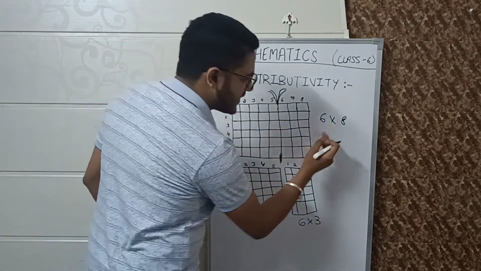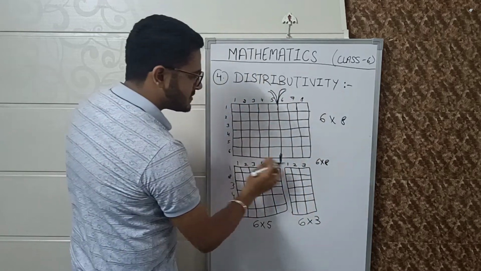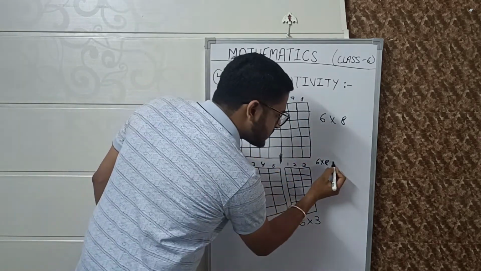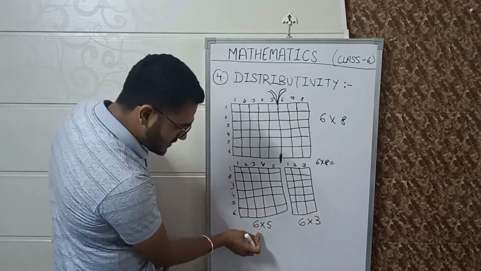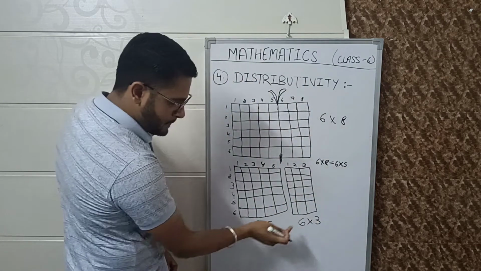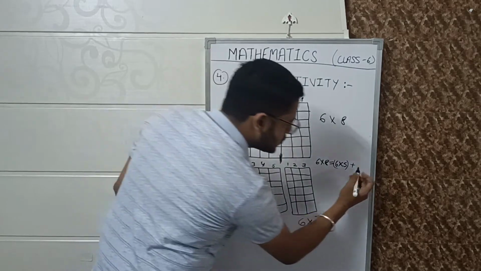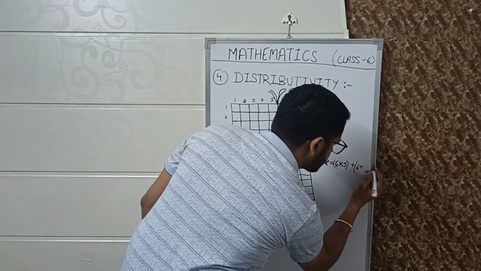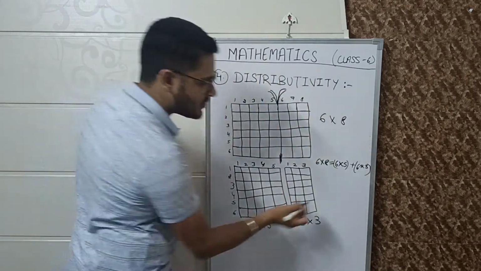So can we say that this 6 into 8 graph paper is equal to this plus this, which means 6 into 5 plus 6 into 3, right? We can say this thing.